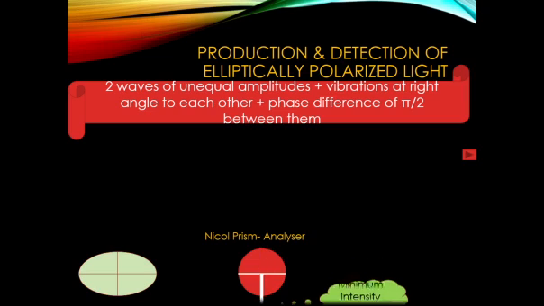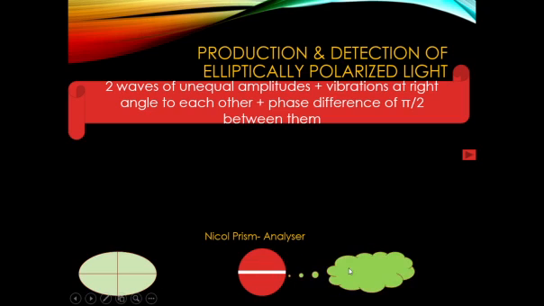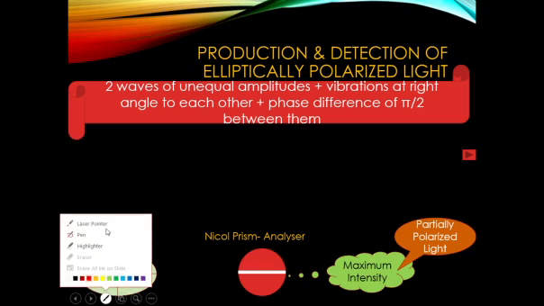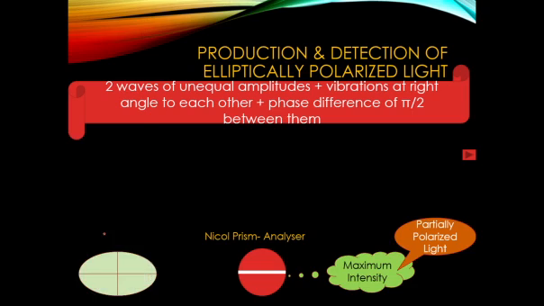Now let us consider the polarizer is making an angle such that its plane is parallel with the major axis. So what can you expect as the output? You will expect a maximum intensity. But that is the case that is seen with a partially polarized light also. So hope you remember, a partially polarized light was represented as having amplitude in one direction, and for an unpolarized light it would be having equal amplitude in the horizontal direction also.